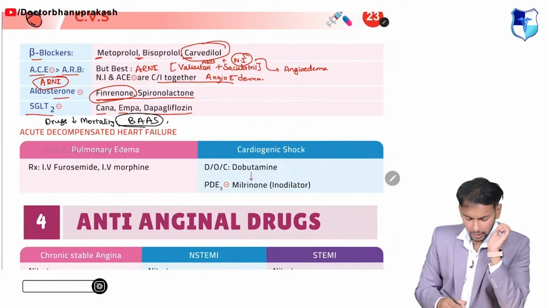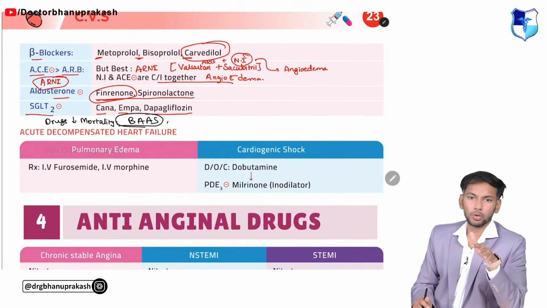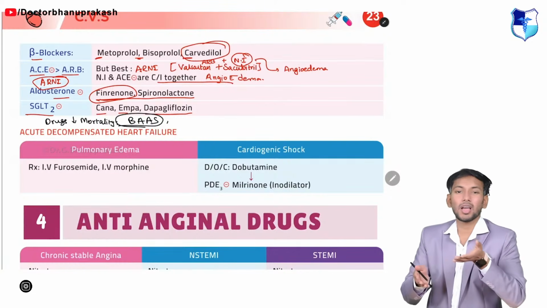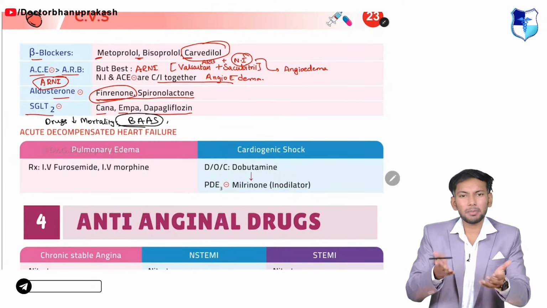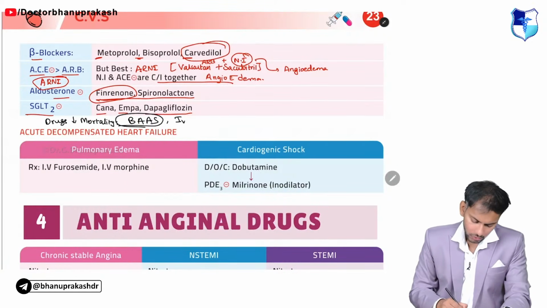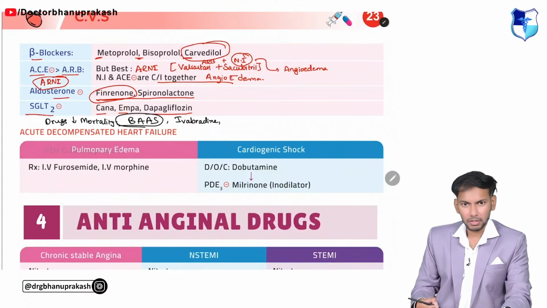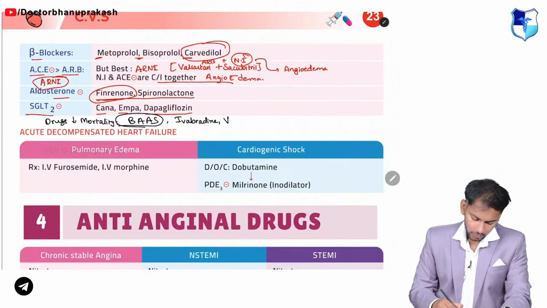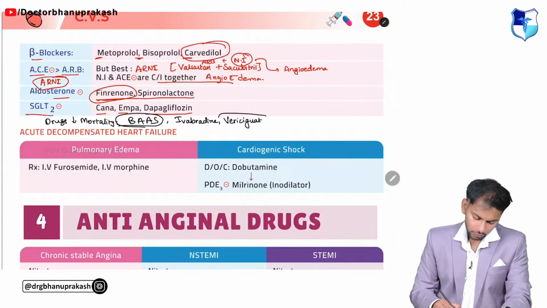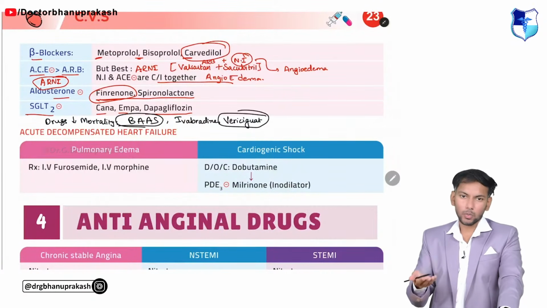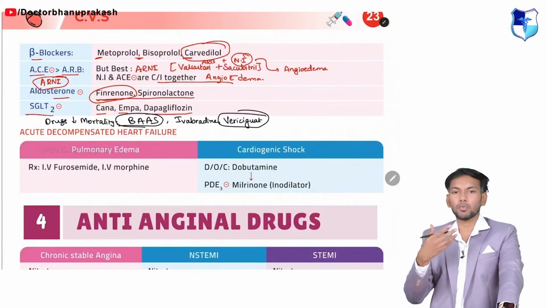Okay. Now, there are other drugs which will decrease the mortality in some patients, but not up to this level, but in some patients it does. What are those drugs? These are ivabradine, vericiguat. If you know riociguat, vericiguat is also somewhat similar to that.